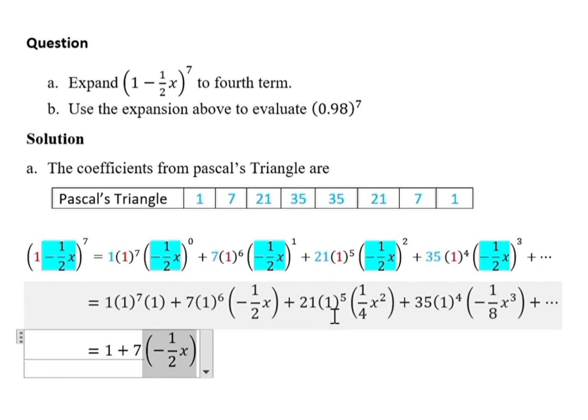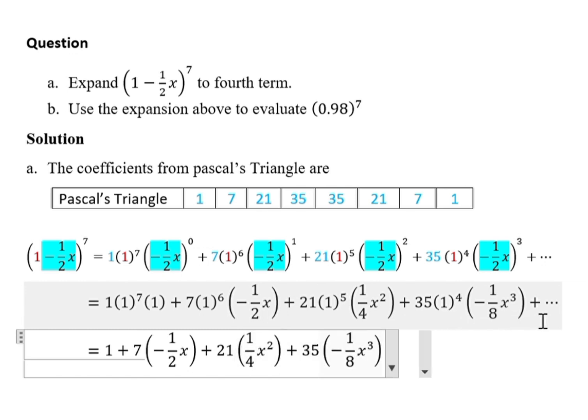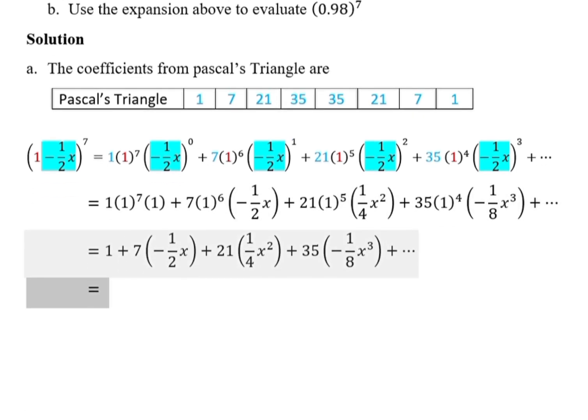21 times 1 raised to power 5, this is like 1 times 21, that gives us 21 into a quarter x squared. Then 35 times 1 gives us 35 into 1 over 8x cubed, plus dash dash like that. Now let's multiply this by this, so we shall have this being equal to 1 plus 7 times negative a half gives us negative 7 over 2, then x.